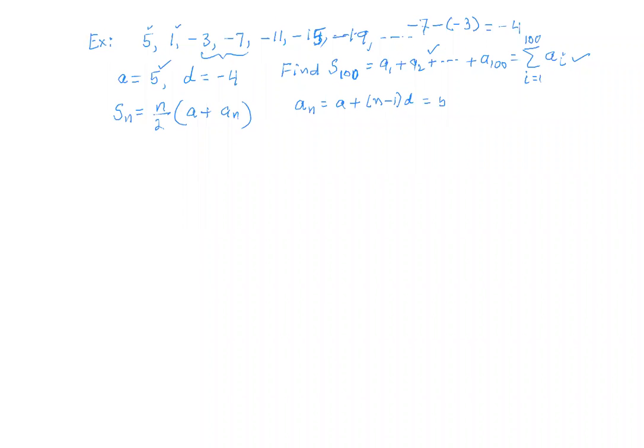A is 5, plus n is 100, minus 1, okay? And the difference is negative 4. D is negative 4. So if you simplify it, what is A sub 100 going to be?